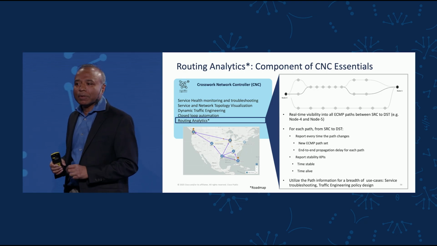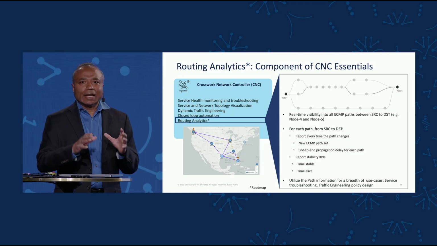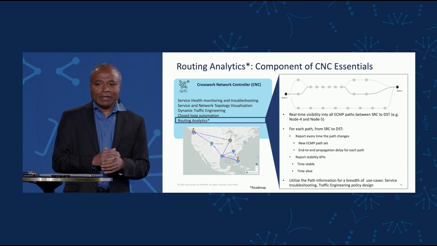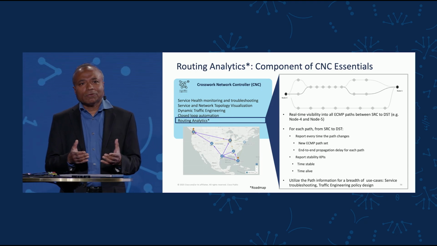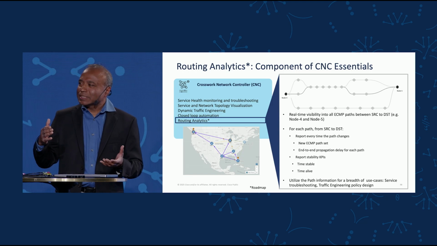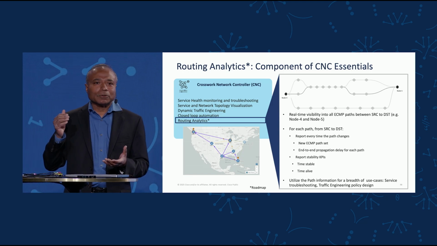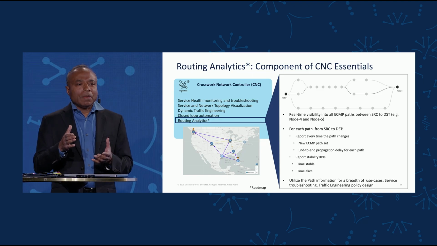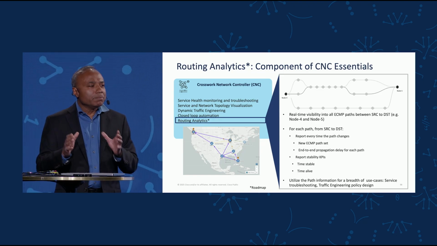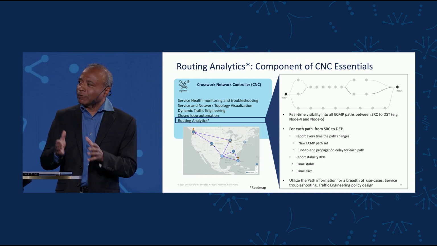Let me take an example. Sometimes the end customer is facing latency issues on their VPN connectivity, and we come back and say, well, the network seems to be performing within acceptable range, because we are possibly using some of the traditional monitoring techniques that Ianik talked about. Maybe we are missing some of the paths. We don't have all the visibility into every ECMP path, and we may not have the richness of measurements at that level of granularity.